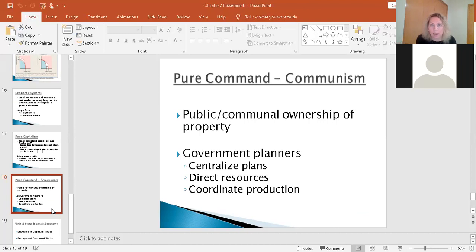It's usually applied in a way that benefits very few. But at its core, this system pools property, with public or communal ownership of property, all of us owning it together. And then we would ideally select people we thought would work in our best interest, government planners who would centralize plans, do all the planning very centralized together in one place, direct resources to where they would benefit the population the most, and coordinate that production.